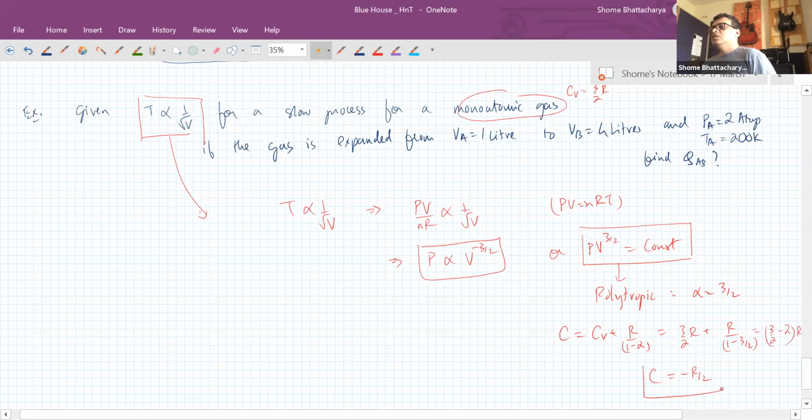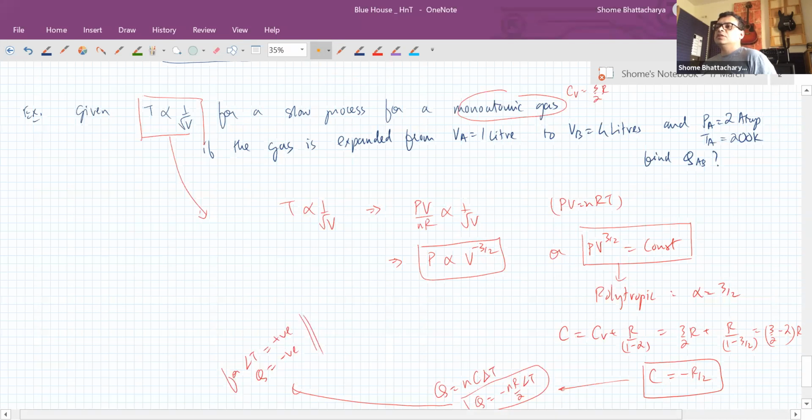Okay, so what this basically means is that heat is extracted, but the temperature increases. So for delta T to be positive, Q is negative. So how can that be the process?